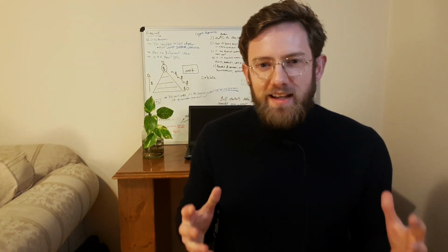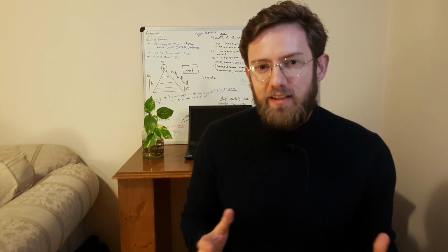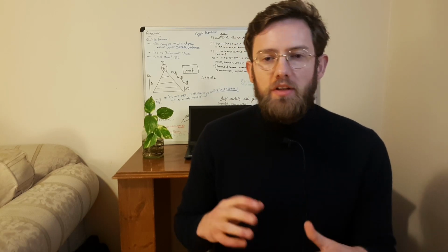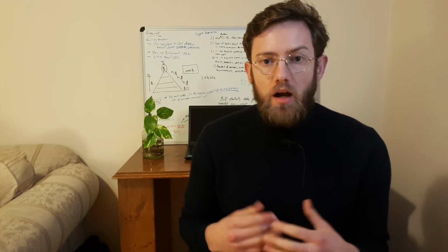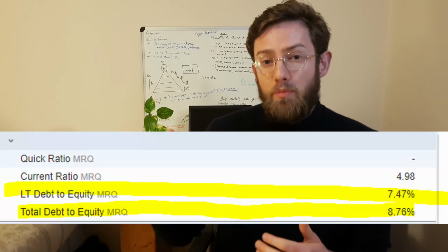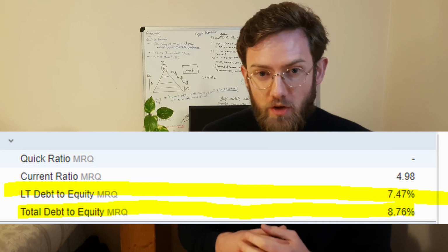So what is the debt to equity ratio actually telling us? This is a ratio that you'll be able to see if you look up a stock on any number of websites. Like I use auinvesting.com, and it's one of the ratios that pop up quite frequently when you're searching stocks there.